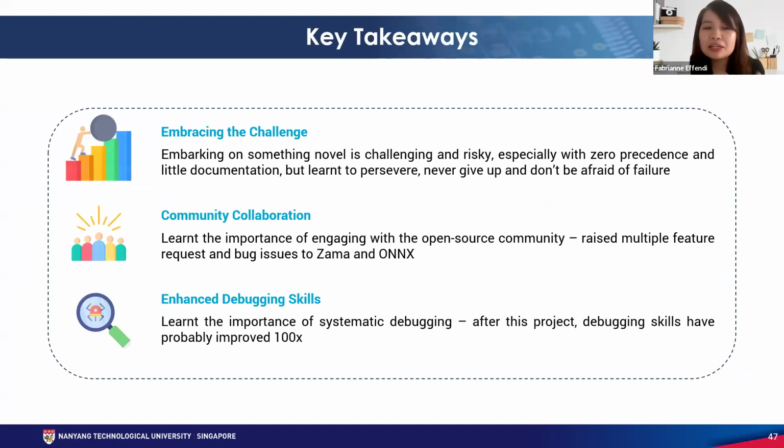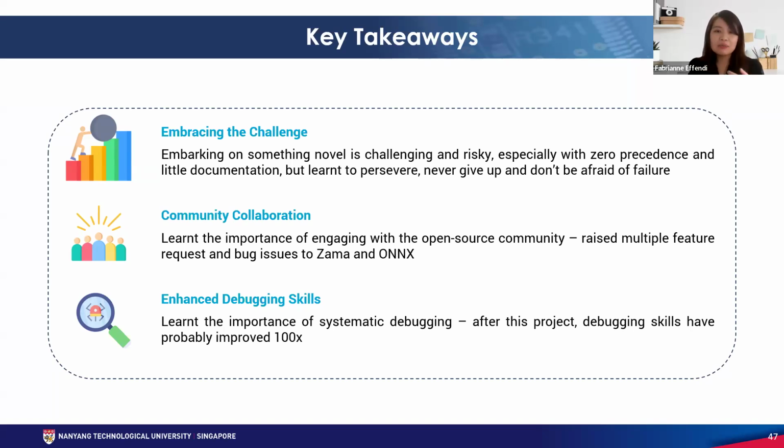Now we'll be elaborating on some of the key takeaways from this research project. Embarking on something novel is definitely challenging and risky as no one has done it before, especially with zero precedent and little documentation. But we learn to persevere, to never give up, and not be afraid of failure. I also learned the importance of engaging with the open source community.